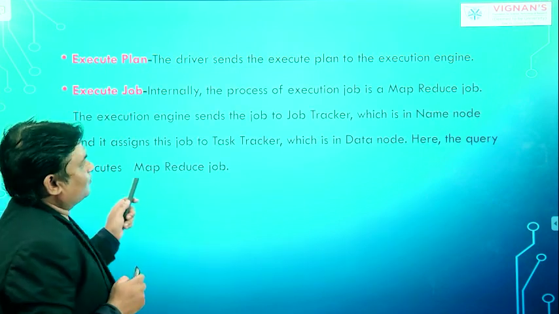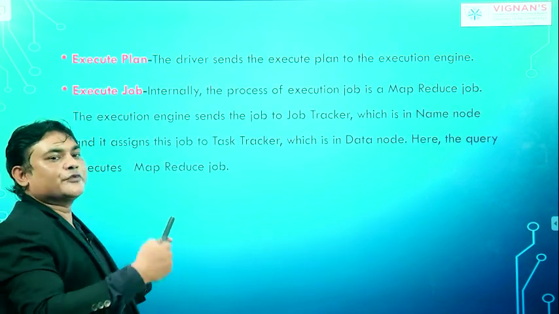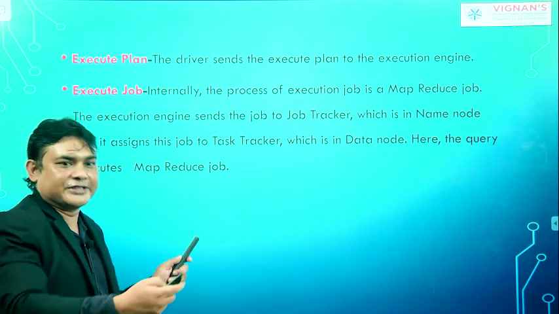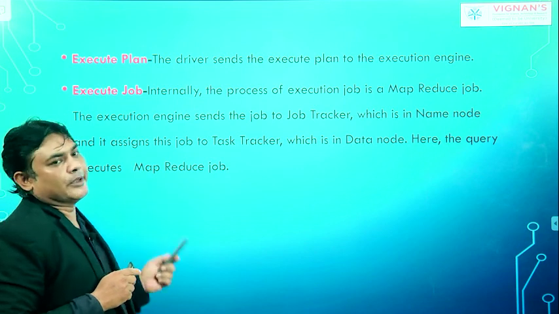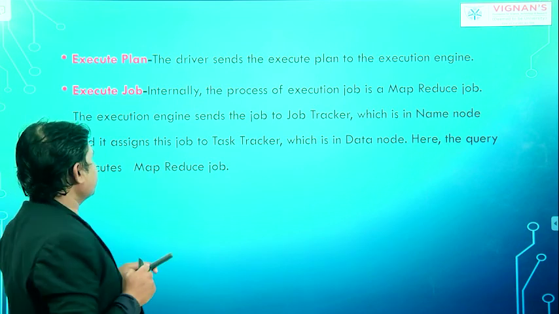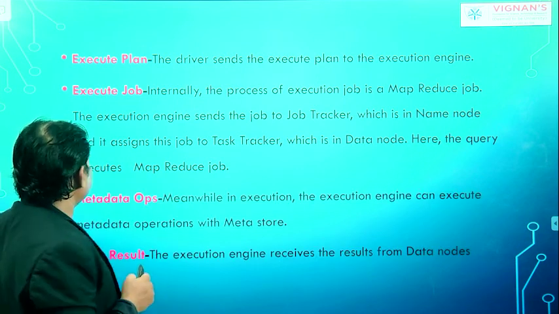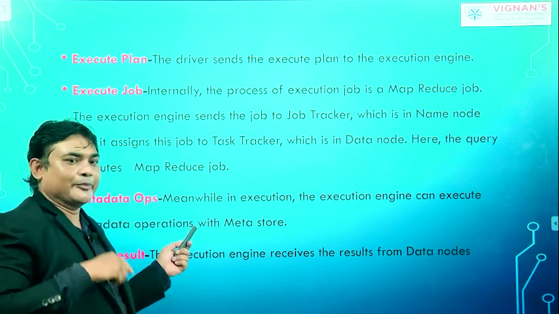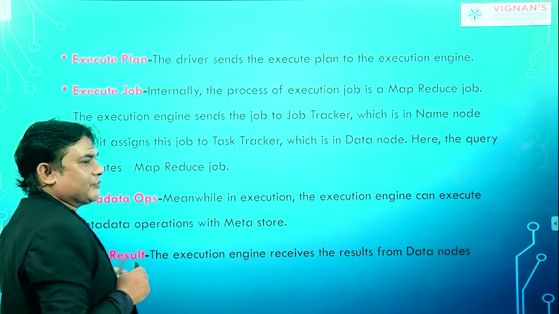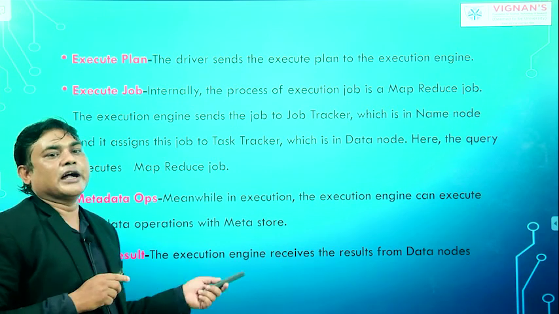Then execute job. Job means what? Whenever you go for execution of any plan, that becomes a job. So here the execution of jobs will take place. It means you are going to perform MapReduce jobs, MapReduce operations, to get the output. And metadata operations will take place, because the execution engine always interacts with the metastore to get the metadata. And finally, you are going to get the result from the Hadoop cluster, right?